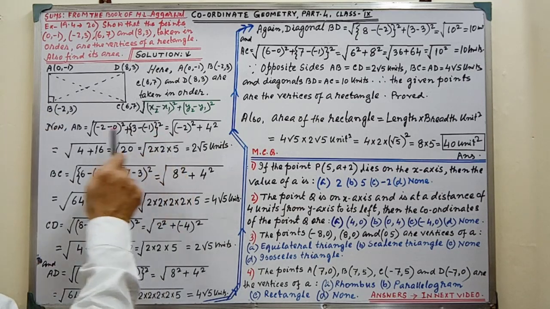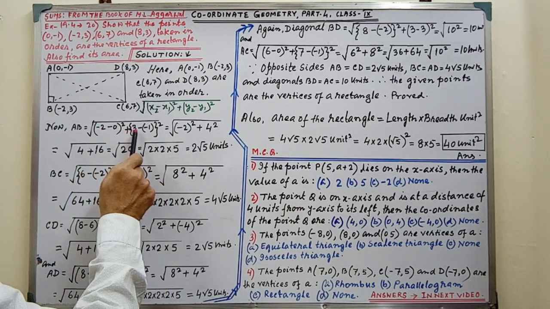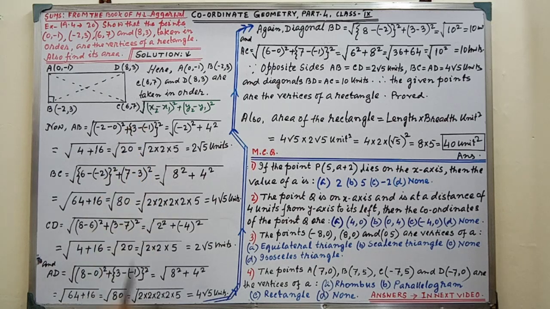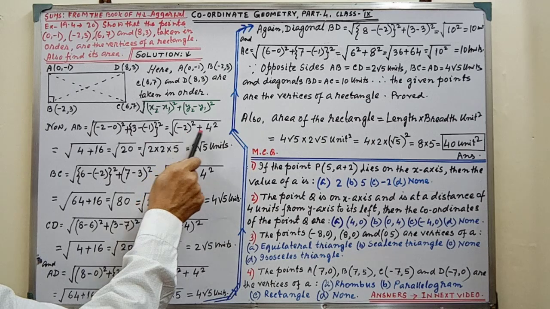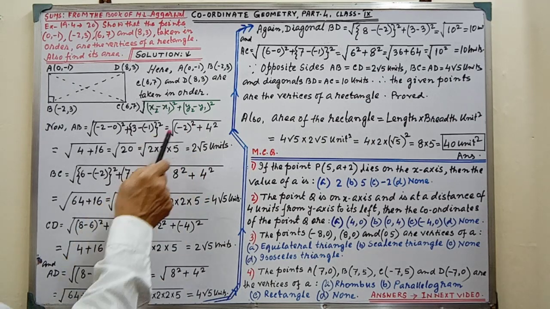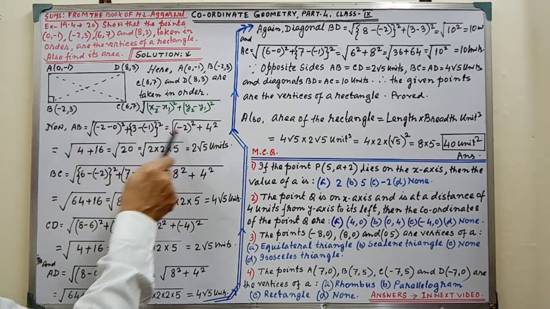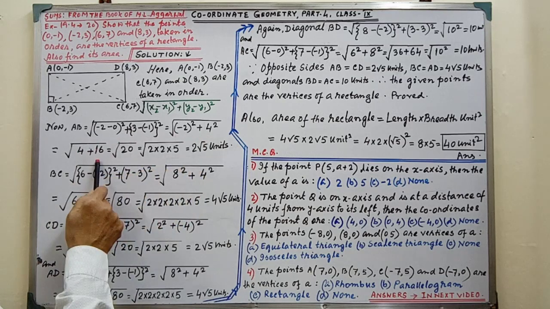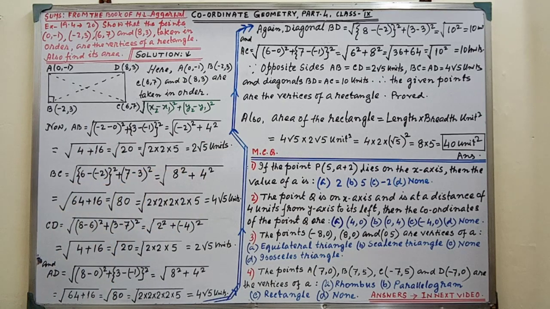Then by simplifying, that is minus 2 whole square, minus minus will be plus, so 3 plus 1, that is 4 square. So minus 2 square plus 4 square, then 2 square is 4, and 4 square is 16. By adding we are getting 20.